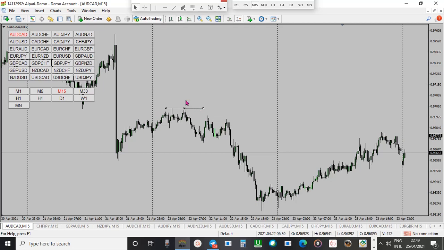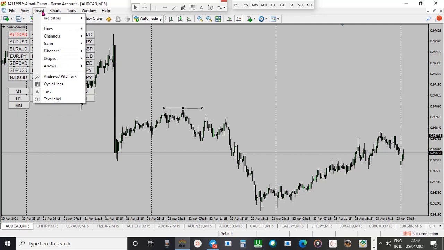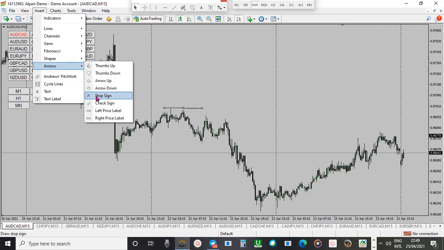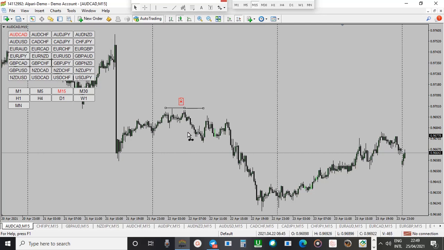Okay, that is one. At this point here, liquidity resides. I want to just put something there to show you. There's liquidity here. Liquidity resides at this point here. Okay, that is one area of liquidity pool.